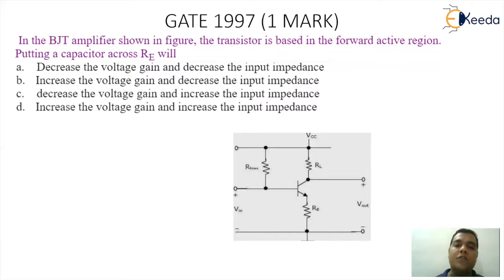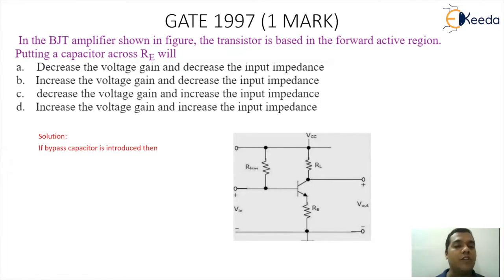So the question is, what will happen if I put a capacitor across RE? Very simple. RE is basically working like a feedback element. It is contributing DC negative feedback as well as AC negative feedback. So when I put a capacitor across RE, everyone is aware that the gain value will increase.